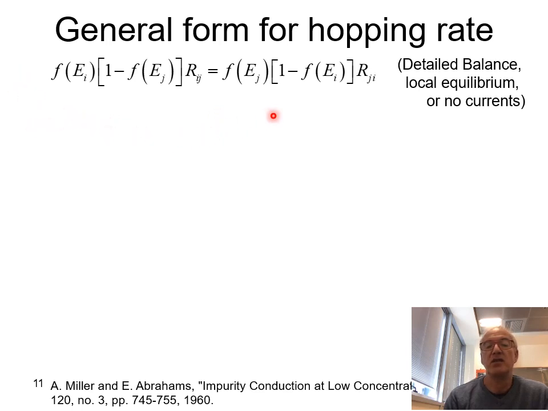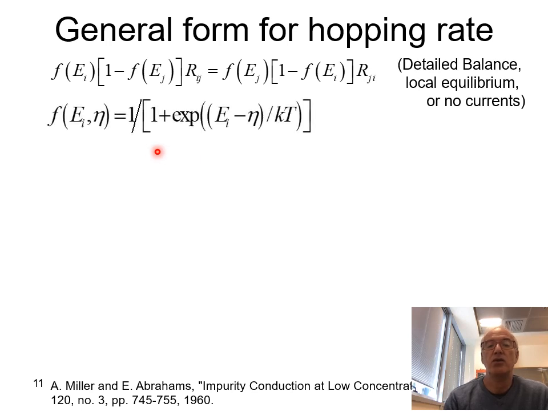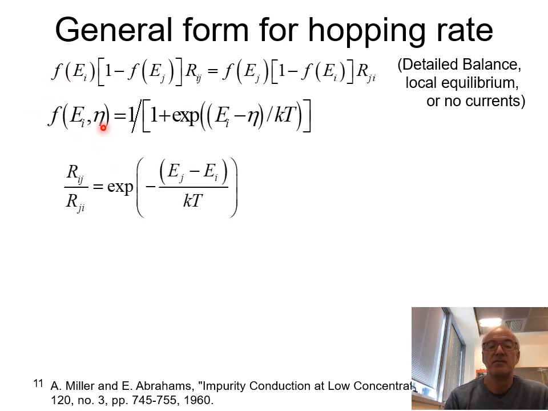And you see F, the Fermi-Dirac statistic, plays a major role here. So we remind ourselves what it is, and this is the quasi-Fermi energy that exists in the material. Now we plug one into the other, and we find that hopping in one direction divided by hopping in the backward direction must be related by this Boltzmann expression.